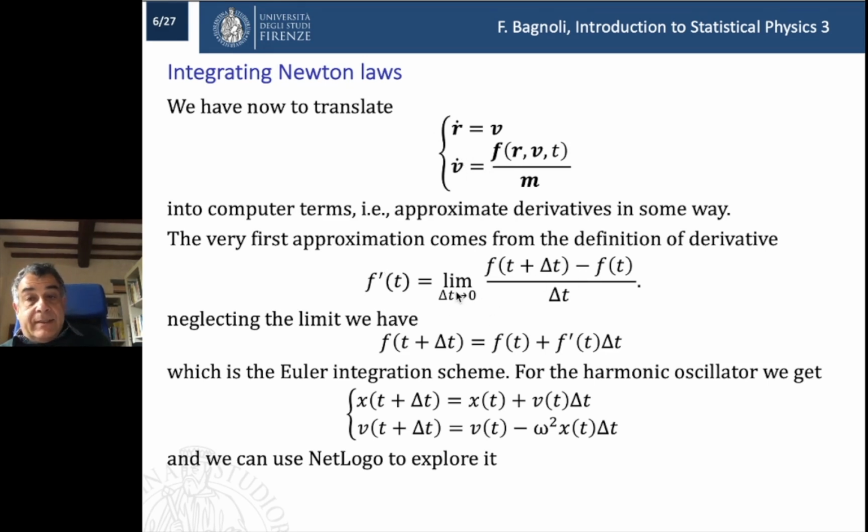The first one comes directly from the definition of derivative, so we just have to consider that f(t plus delta t), regarding this limit, is just the function at t plus the derivative times delta t. So this is called the Euler integration scheme.